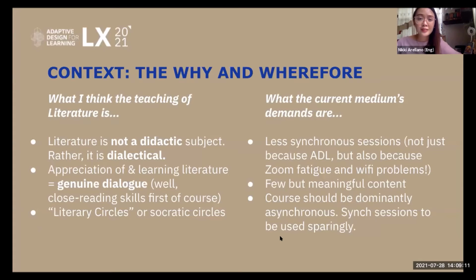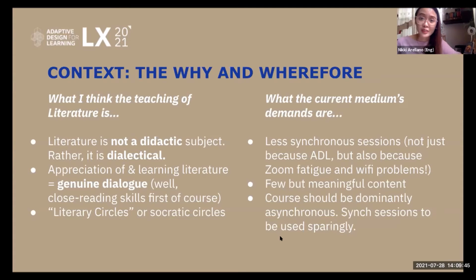To continue this context, like I said, I have been teaching for about 10 years, and in those 10 years I think I have developed a certain way of teaching literature, which is, I believe personally, that teaching literature is not a didactic or lecturing kind of thing, but more dialectical. We have to foster discussion, genuine dialogue.